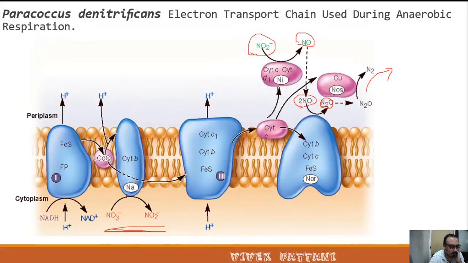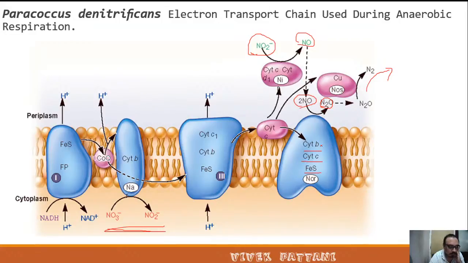The process is almost similar. The rest of the electron transport chain is almost similar, but you can see clearly that in this case cytochrome A is not present.